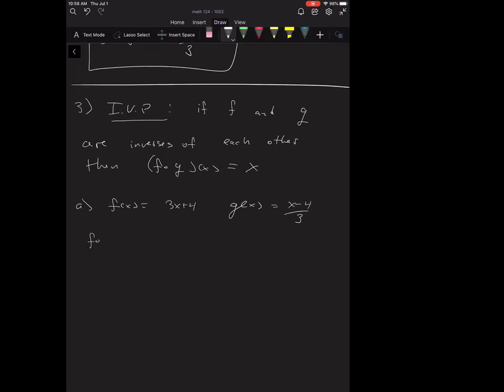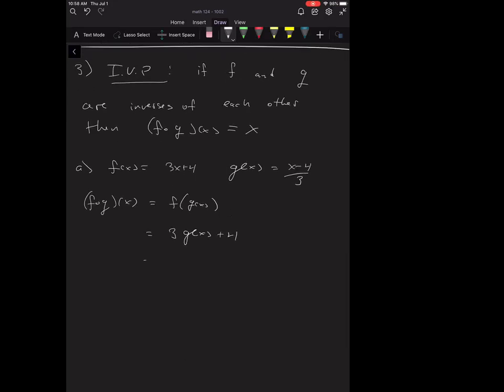So calculate this, f composed with g of x. We want to see if this is equal to x or not. So what this just means is f, and we're going to plug g of x inside of it. So f is 3x plus 4, so this is going to be 3 g of x plus 4. G of x is x minus 4 over 3, so this is going to be 3 times x minus 4 over 3 plus 4.